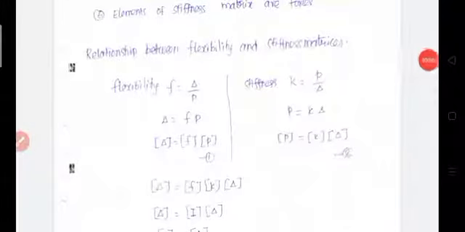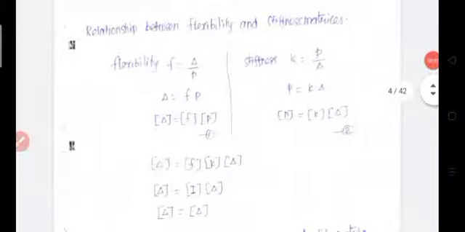Now let us see the relationship between the flexibility and stiffness matrices. From the definition of flexibility, we already know F is equal to deflection divided by force. From that, the deflection or displacement delta is equal to F into P. It may be represented in matrix form. Therefore delta matrix is equal to F matrix into P matrix.